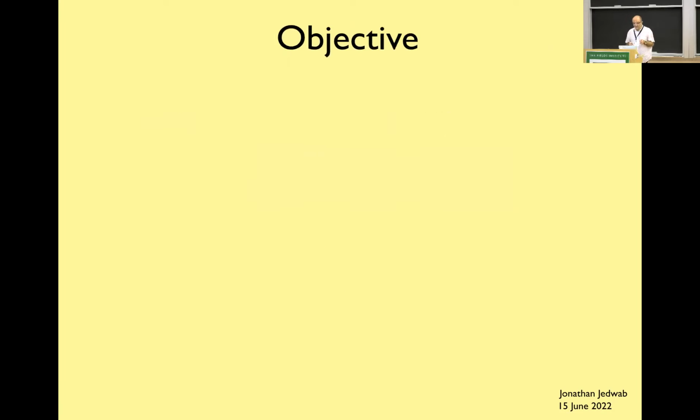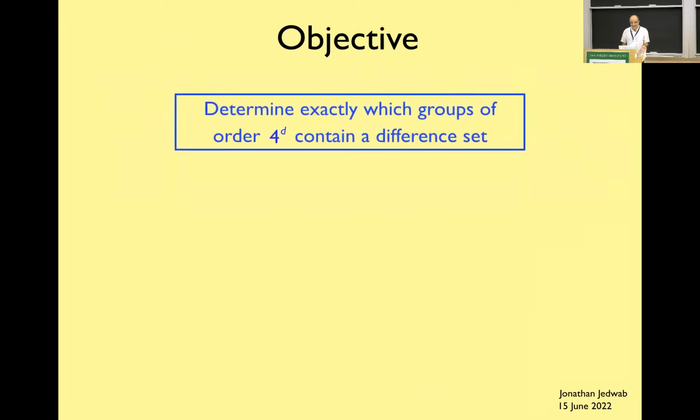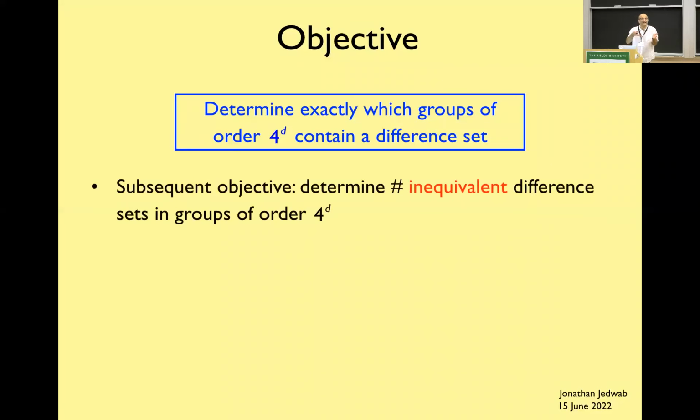Marvelous. What are we trying to do? We are trying to determine exactly which isomorphism classes of groups of order 4 to the d contain one or more difference sets. There is a secondary objective, which is to say how many inequivalent difference sets. I'm not interested in that today. I just want to know for every group whose order is a power of 4, does it contain a difference set?